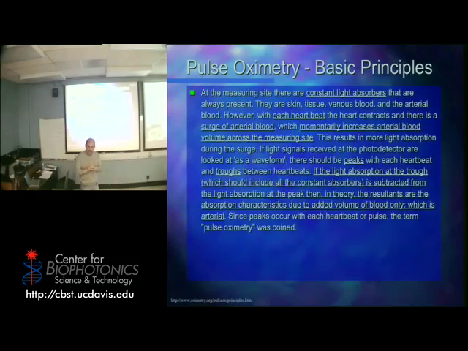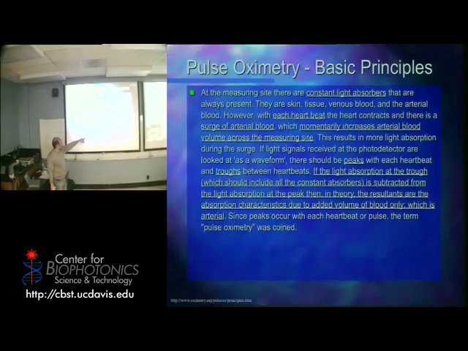So everything else stays the same. I just get this bigger push of arterial. So if I take the absorbance when I have that big push, that surge, and subtract the trough, that difference will only be due to the arterial blood. And the arterial blood is what I care about. That's what I'm trying to figure out, how much oxygen is in your arterial blood. Not in your venous, but in your arterial blood.